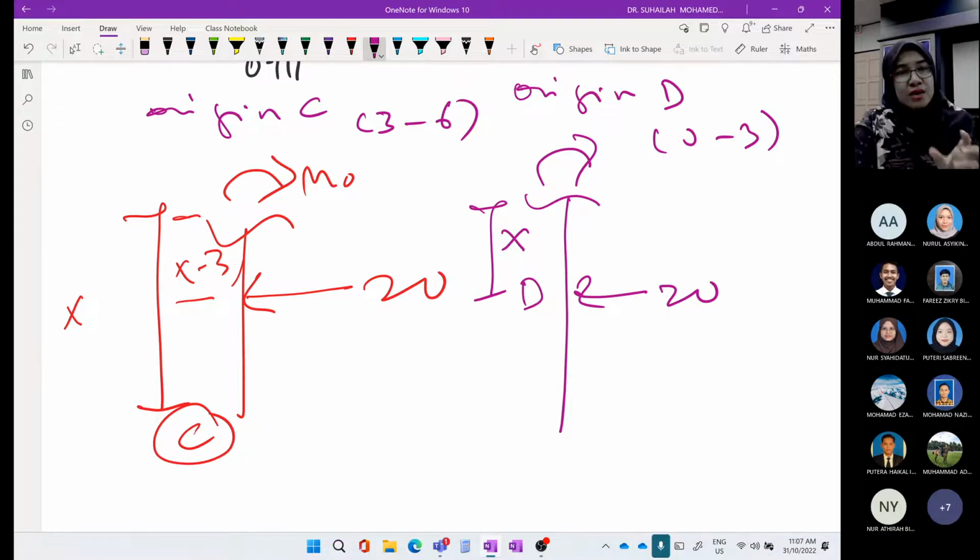Actually paling senang origin ambil daripada kalau AB, A atau B dia memang akan start from 0. Kalau CB, either B or C origin dia memang akan start from 0. Tapi kalau nak cari for example equation BC tapi origin dia bukan B bukan C, so dia takkan start from 0. Okay? So you kena pilih.